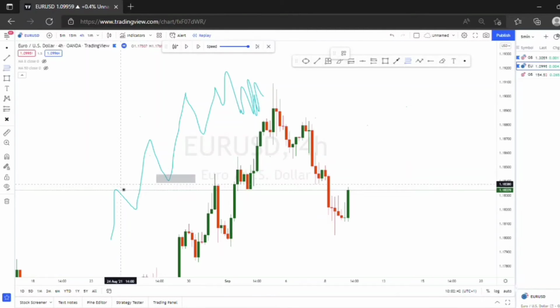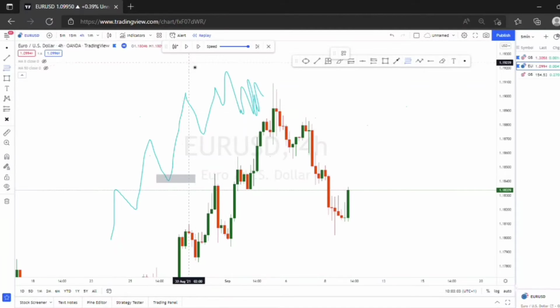Let's say, for instance, this is the lowest point price got to previously, and this is the highest point. This is the new lowest point, and this is the highest point. You'll be able to determine the highest and lowest points by a Fibonacci fulfillment.